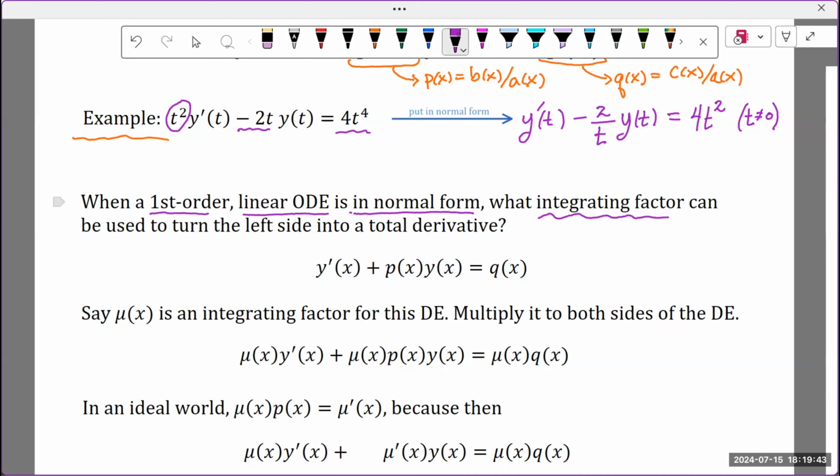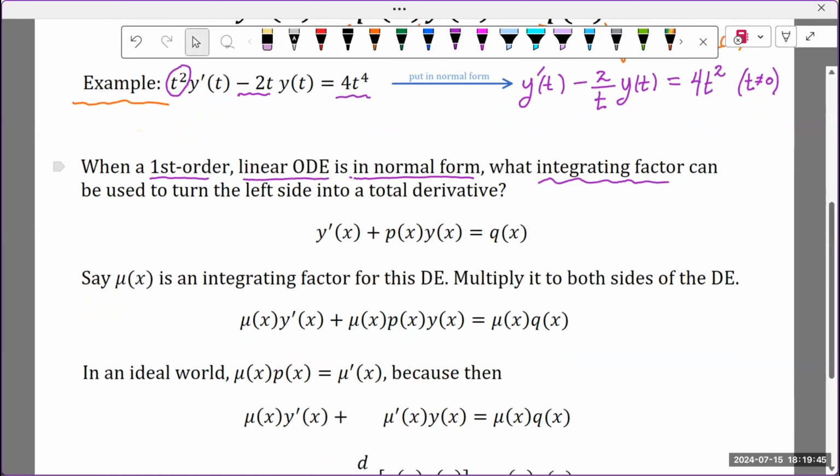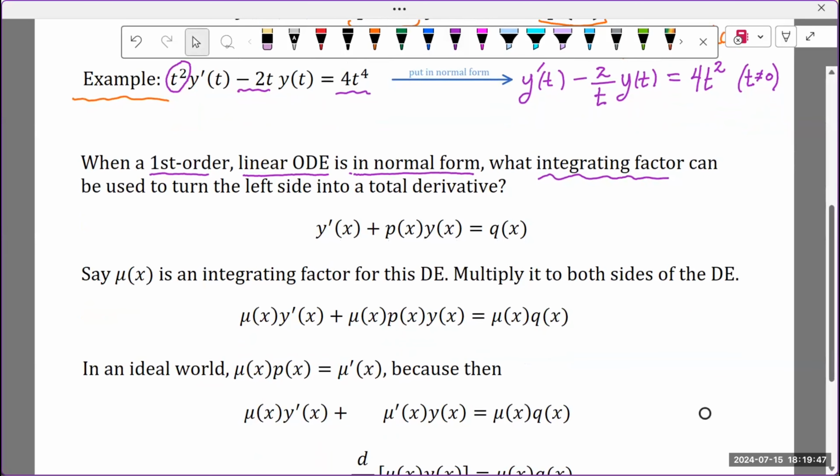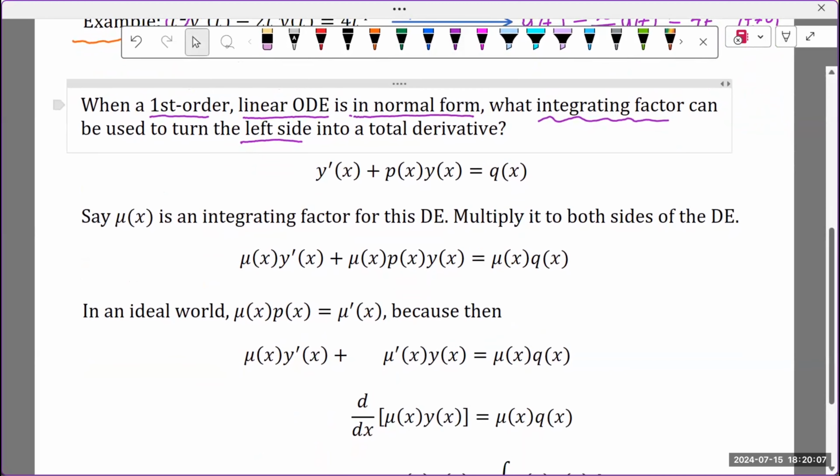Now, when we talk in class, this is going to gel, but right now I'm just giving you the formulations. So what we're going to want to do is take this left-hand side, multiply it by something so that I can collapse the left-hand side into something else that will make the whole problem easier to solve.